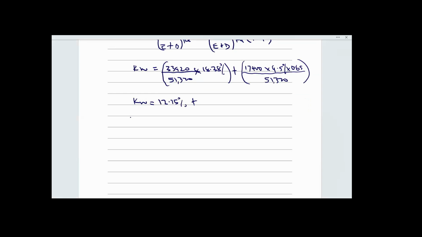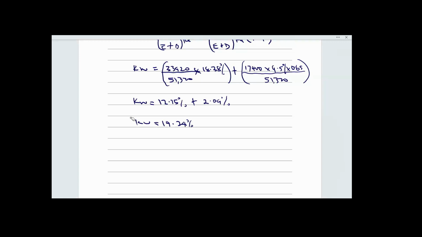Okay. Then the other side is still the same thing, 2.09%. So this will then give us 14.24%.